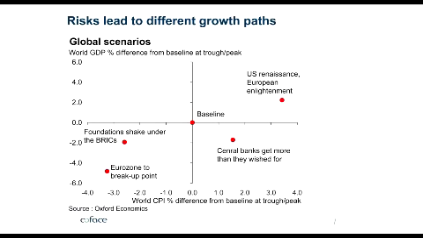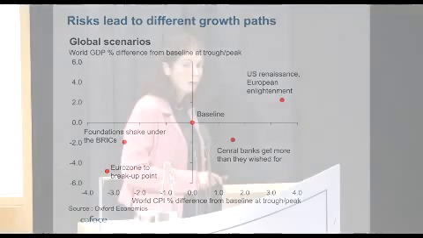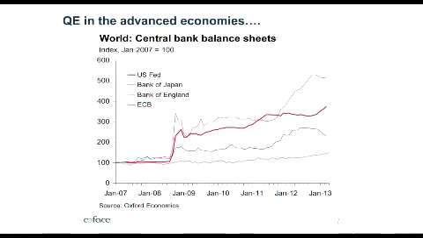Though obviously, if the Eurozone were to break up, that would have more damaging implications for overall world growth. Whereas if we see some mistakes by the major central banks, that will not only impact on GDP growth, but in that scenario, we're likely to get more inflation relative to what we might see at the moment.